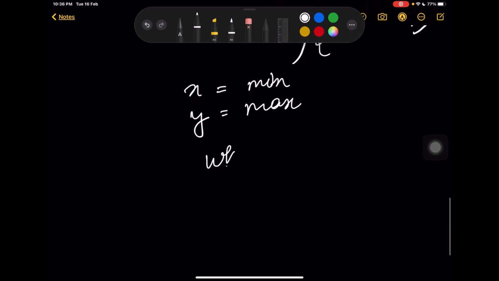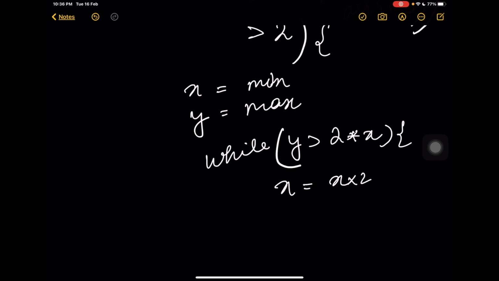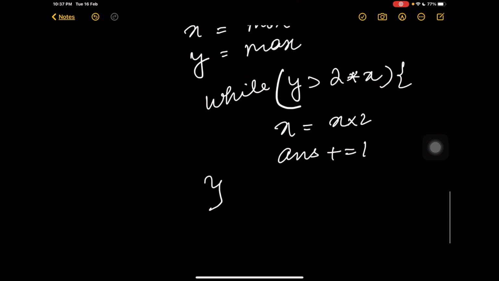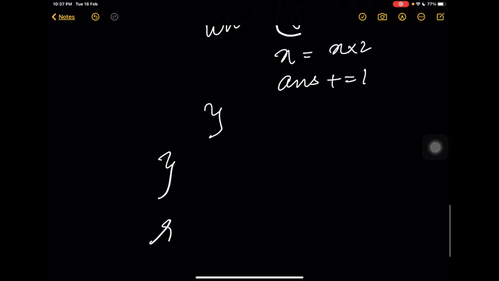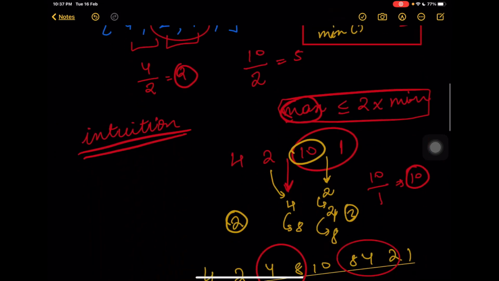So I'll do while y is greater than 2 times of x, x equal to x into 2 and answer plus equal to 1. And in the end I will return the answer. This was a basic solution of this.